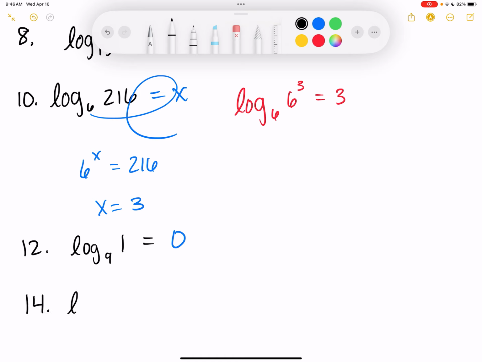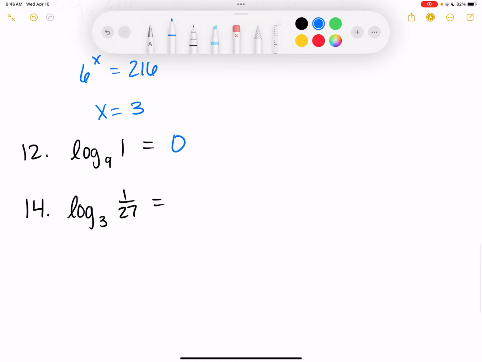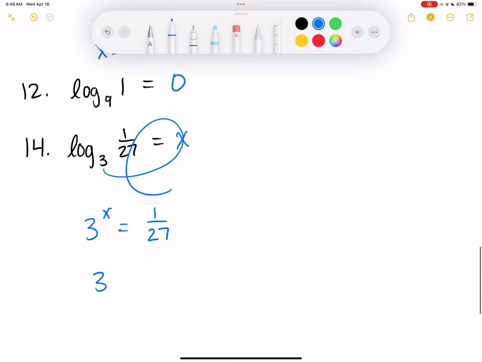14. Log base 3 of 1 over 27 equals what? With this one, I would set it equal to x. We start here, we make the exponent. So 3 to the x equals 1 over 27. That's -3, because 3 to the x would be equal to 3 to the -3.